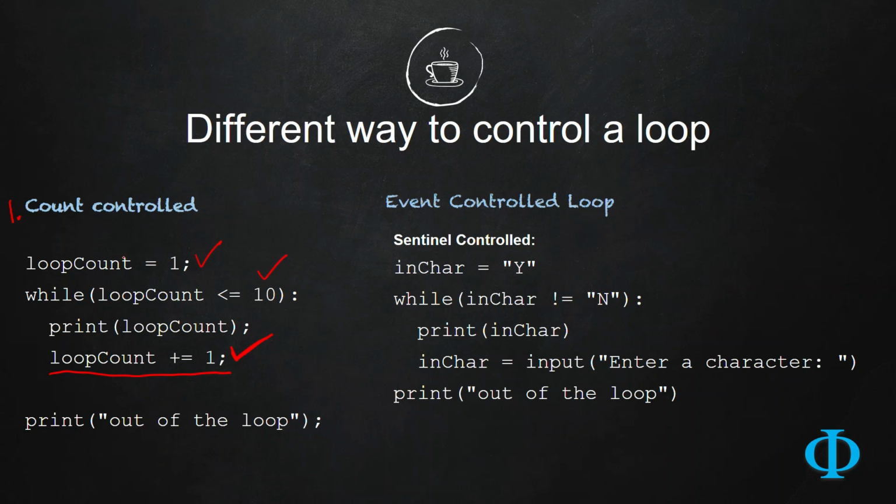So here the loop control variable is called loop count, which is initialized to 1, and then it is said that, well, loop until the value of the loop control variable loop count is less than equals 10, like this, and until then you can print this loop count.